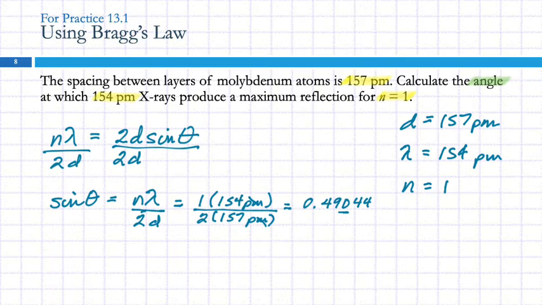So there's a button on your calculator that says sin, S-I-N, and S-I-N to the minus 1. So what we want is S-I-N to the minus 1. Theta is going to equal the inverse sine of 0.49044.